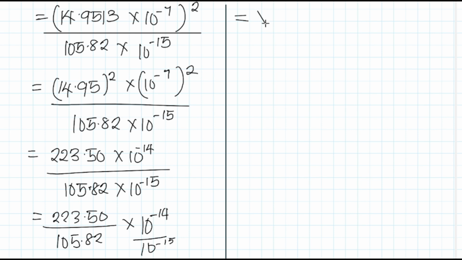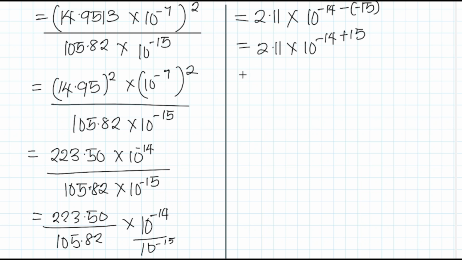So that's approximately 2.11 times 10 raised to power minus 14 minus minus 15. That will be 2.11 times 10 raised to power minus 14 plus 15. So that will be 2.11 times 10, and that is the final answer.